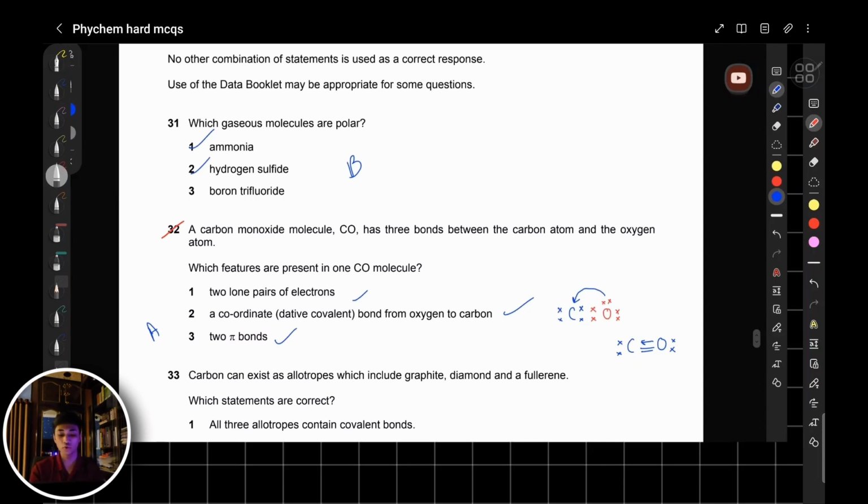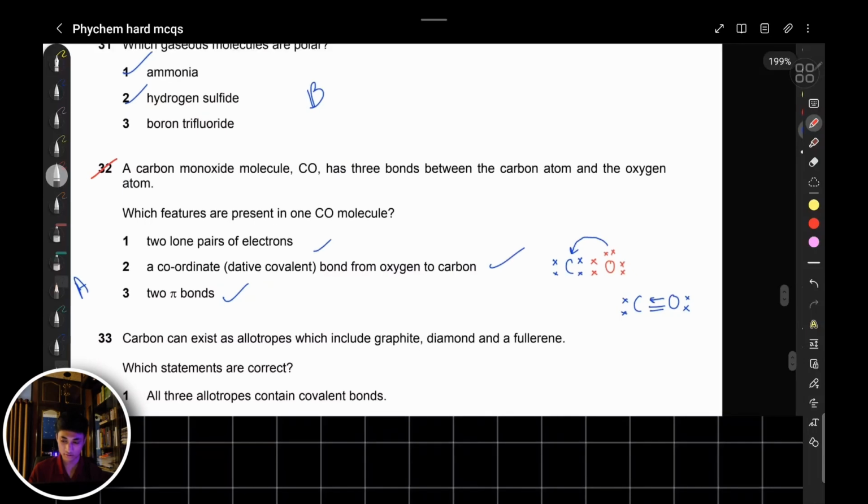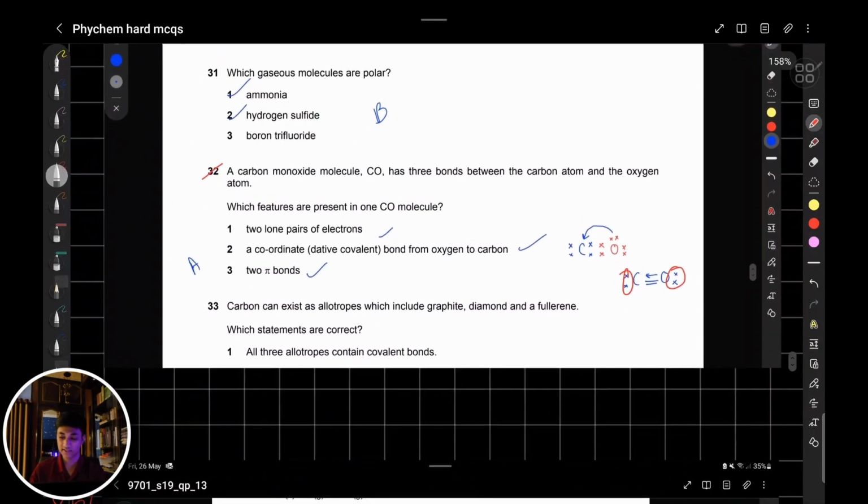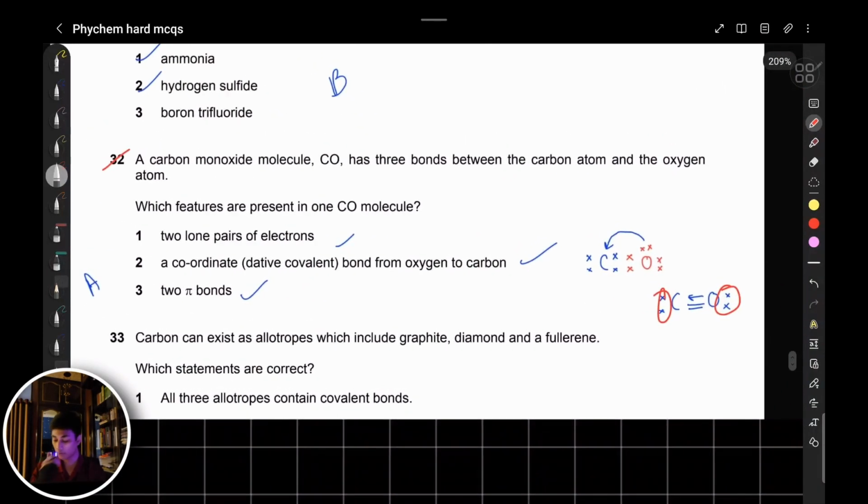Okay. 2 lone pairs of electrons. Yes, 2 lone pairs of electrons. And so basically there's a dative bonding where oxygen is giving one of the electrons.